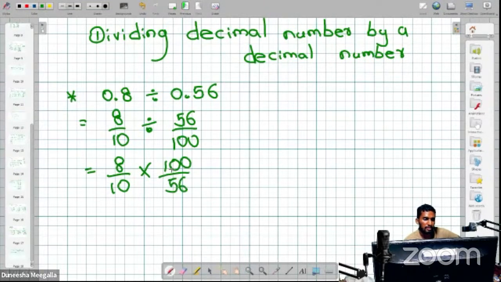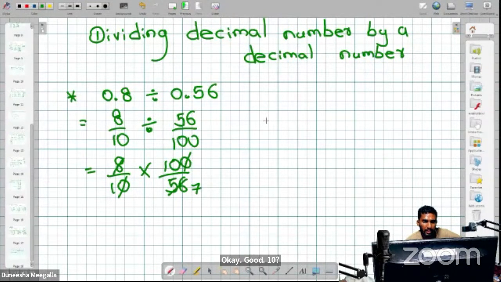Okay. Then 10 can be divided by 10. Then how many 8s are there in 56? How many? 7. Yes, 7.